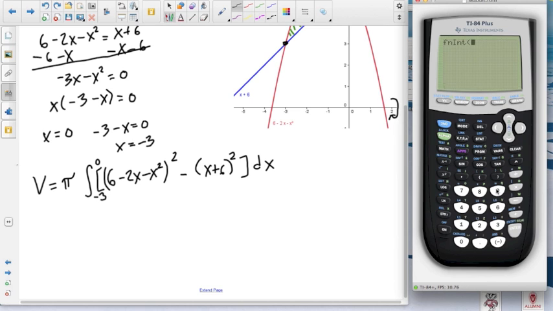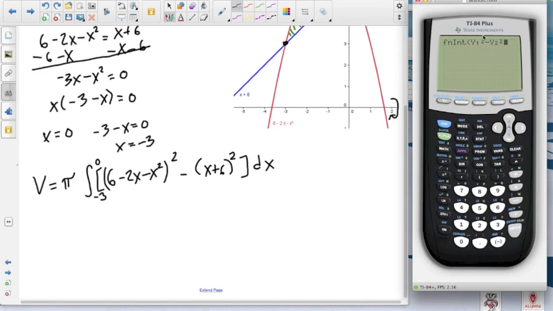Do math 9. Get our fint. And now I can go ahead and just go into vars and grab our y1 and square it, and then subtract, go back into vars, grab our y2 and square that.